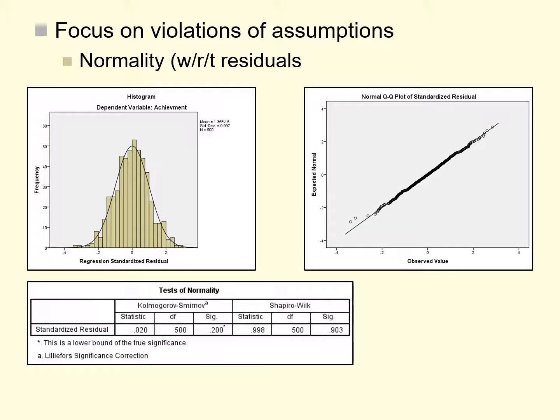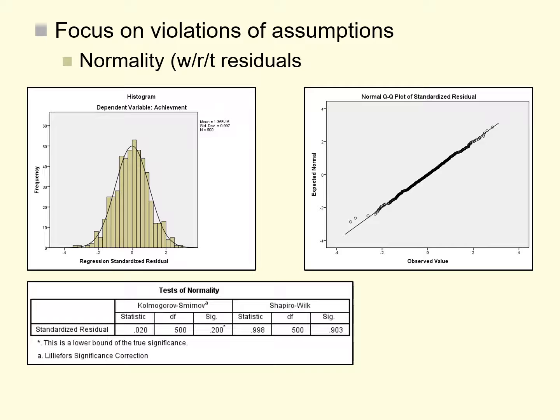Other assumptions that we can deal with include the assumption of normality, and here we're talking about normality with respect to the residuals. You can get SPSS to produce for you in any of a number of different places the distribution of those residuals. You can see here that they are rather normal in shape, either just looking at a simple histogram or a QQ plot, which is essentially the same thing as a PP plot.